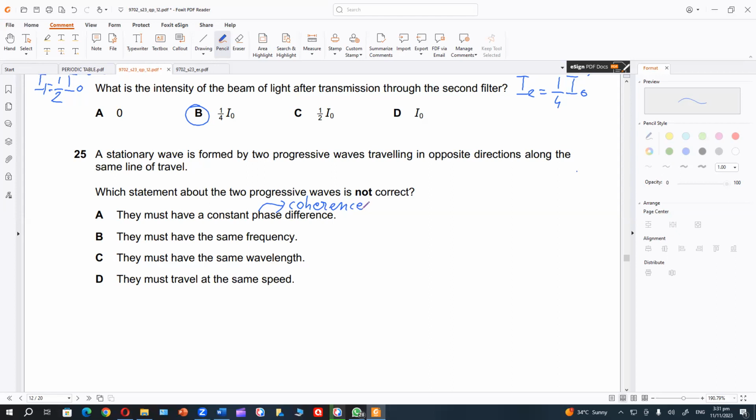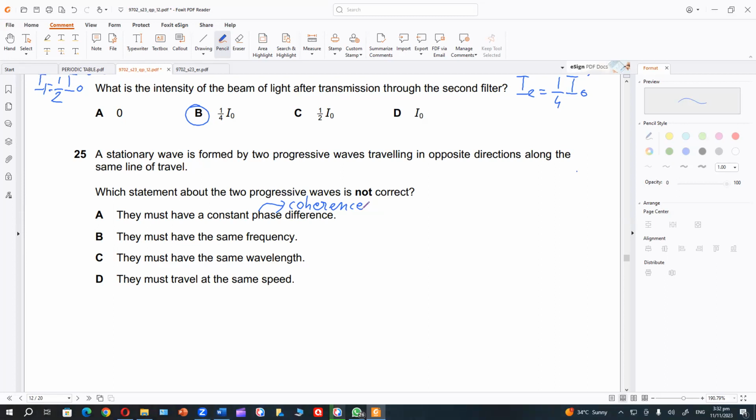Now, is coherence necessary for the formation of a stationary wave? No. Coherence is a condition mainly for interference, but he says the statement is not correct.